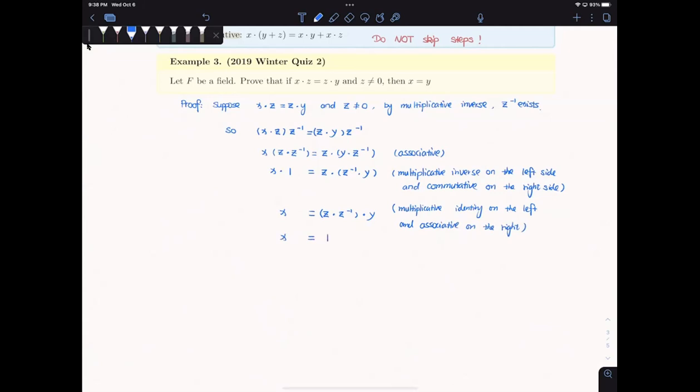This will give you 1. So this is a multiplicative inverse. And x equals y. The last one is multiplicative identity. And then we're done. That's the end of the proof. Does this make sense?